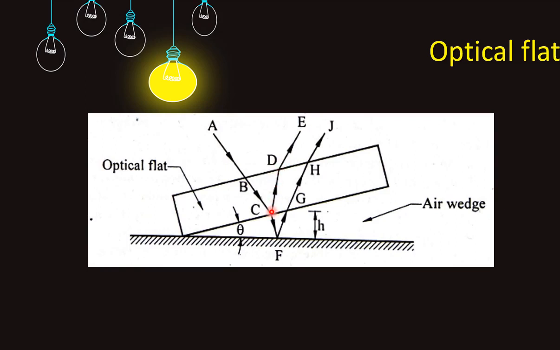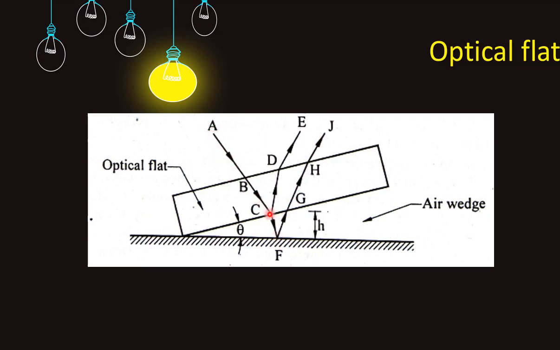The remaining part goes along CF. This part is not reflected at C, and some portion will be reflected at point F by the surface under test, the top portion of the workpiece, and goes further along path FGHJ.